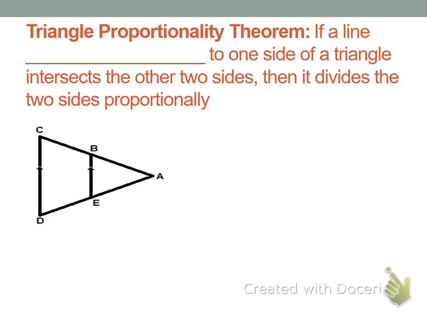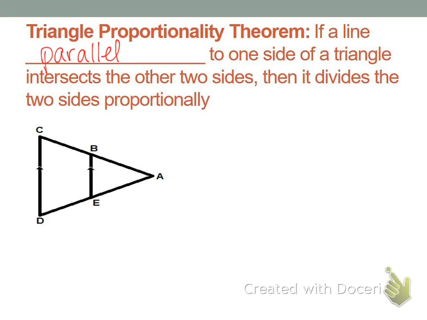Okay, on we go. The triangle proportionality theorem states that if a line parallel to one side of a triangle intersects the other two sides, then it divides the sides proportionally.